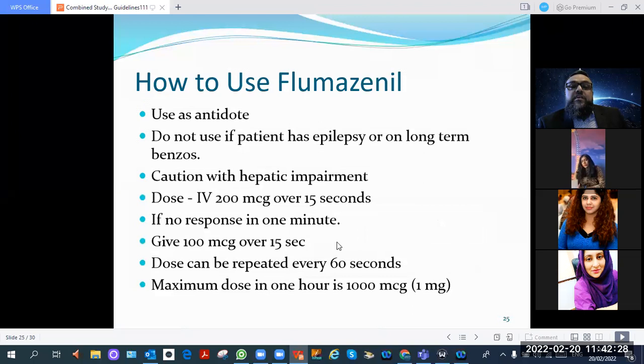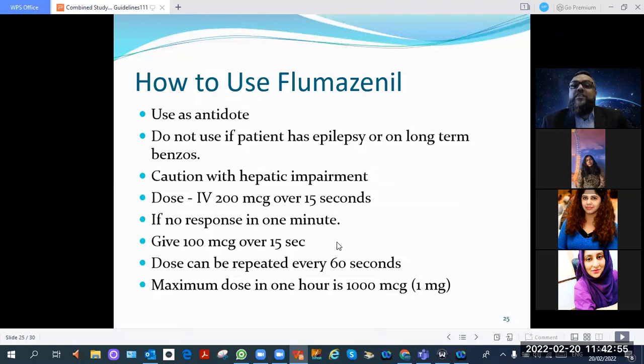And the next thing is how to use flumazenil. I've only seen it being used once, when I was working in medicine, in the year 2000. One of my colleagues, who is now a big consultant in Pakistan, was always enthusiastic and going along with the guidelines and acting on them.